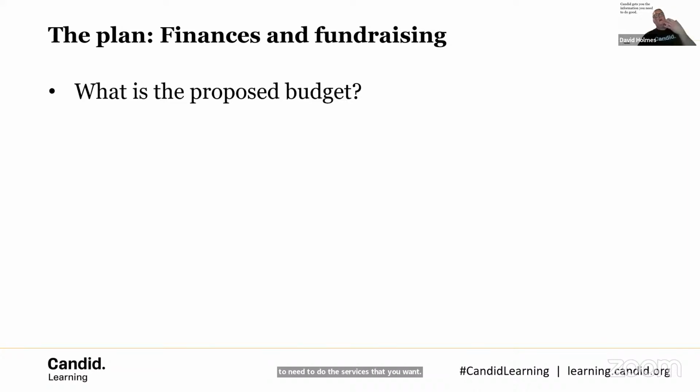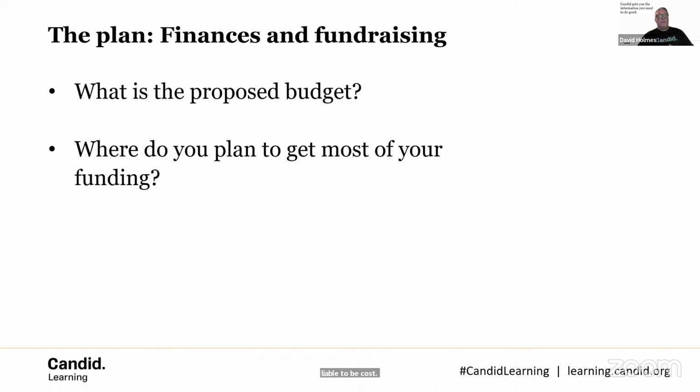And if you've never done a budget before, it's a good idea to talk to other people who have done budgets about doing your program, just to make sure that you include all the things that are liable to be costs for you as you put this together. You also should have a pretty clear idea of where all the different places are that you can get your funding.